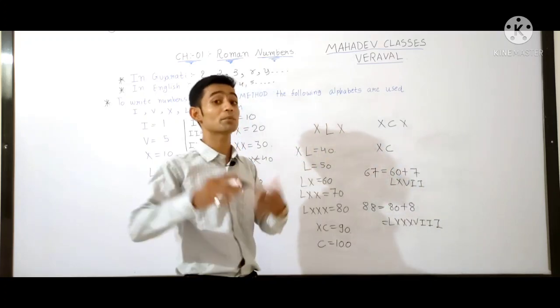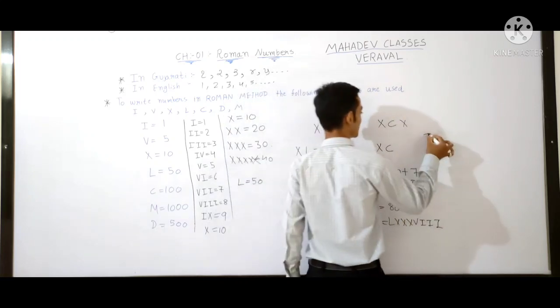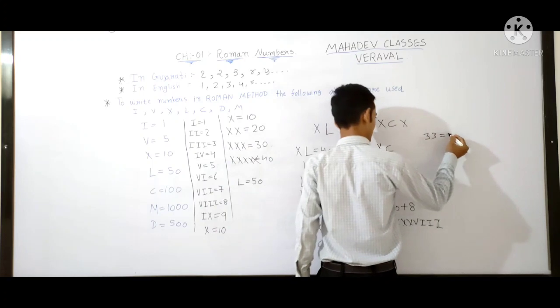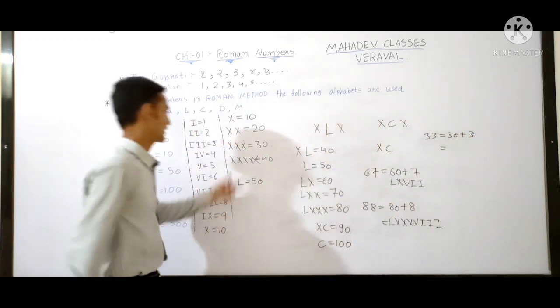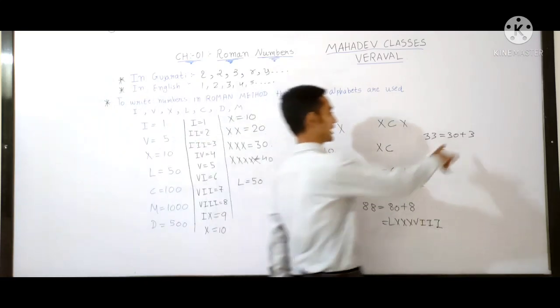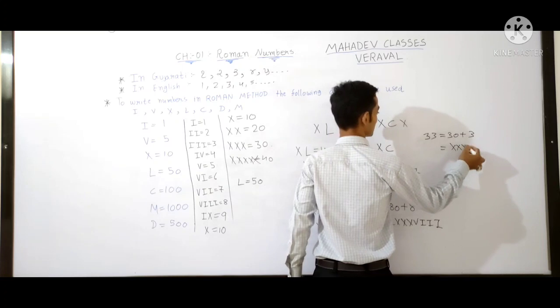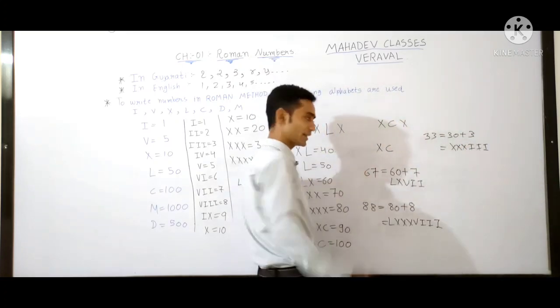Okay, now if somebody asks you to write down the Roman number of 33, how will you do it? You can split it: 30 plus 3, and 30 can be written as XXX and 3 can be written as III. So hence XXXIII is the Roman number of 33.